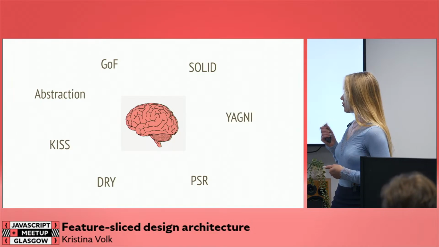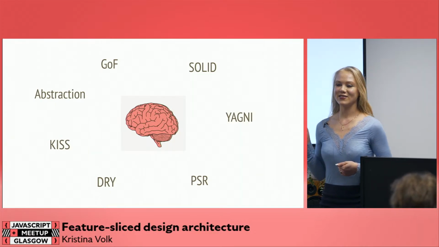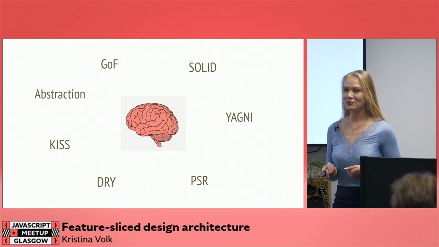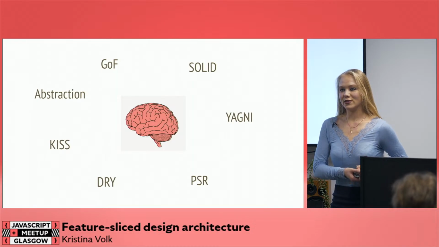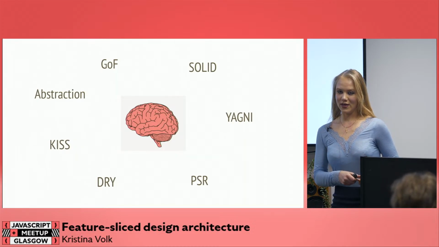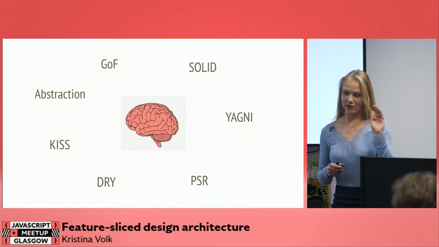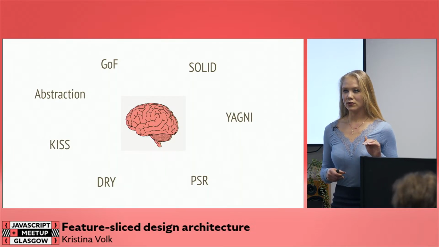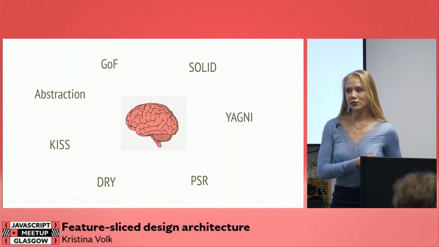So let's take the DRY and GRASP principles. First we try to develop our components to make them really reusable, abstract, so we put them in a higher level of our layers, so other developers can, in a very easy way, use this module.